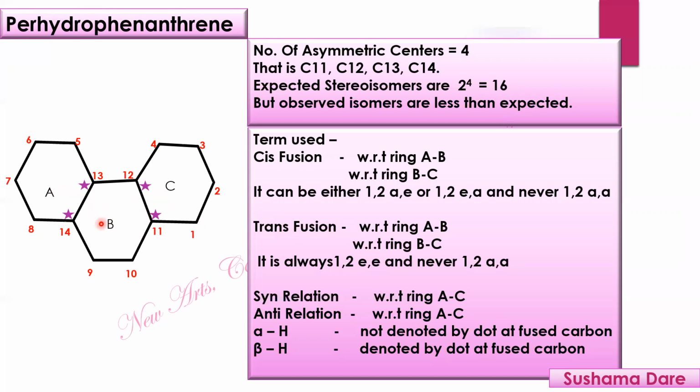So the adjacent rings which are fused at carbon numbers 13 and 14 and at carbon numbers 12 and 11 are either cis fused or trans fused. Another term that we have to consider is for ring A and C. They are the terminal rings, and the 12-13 bond is common between these two.